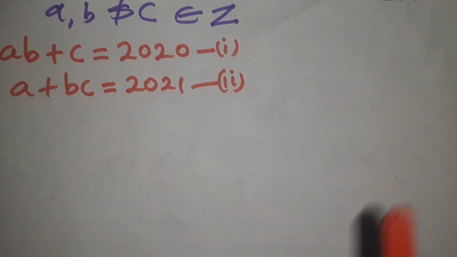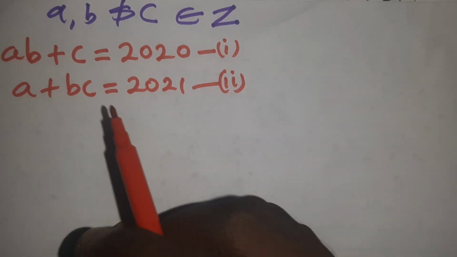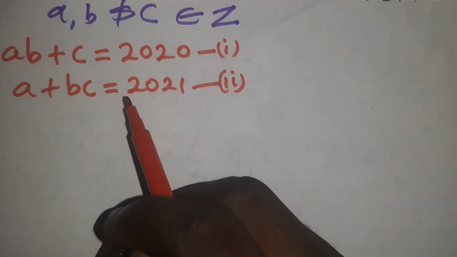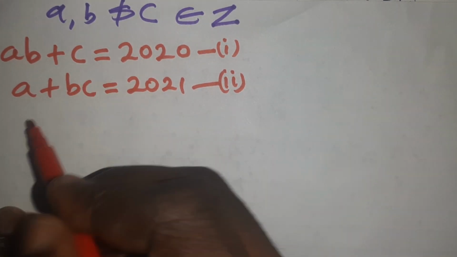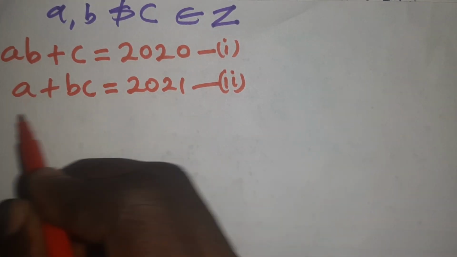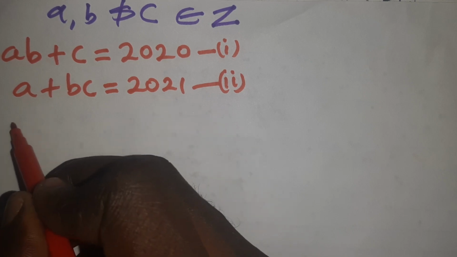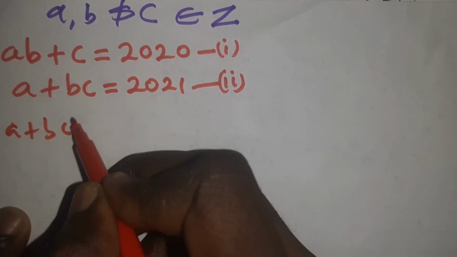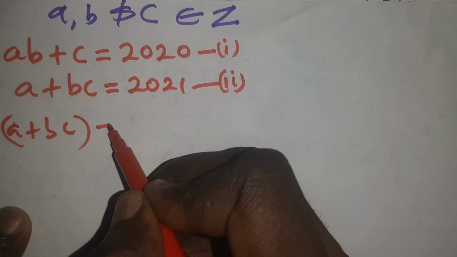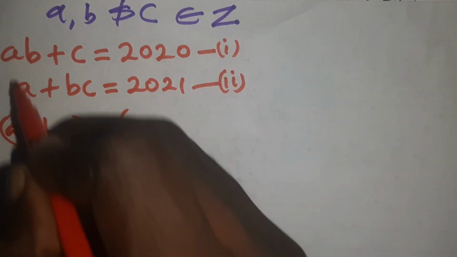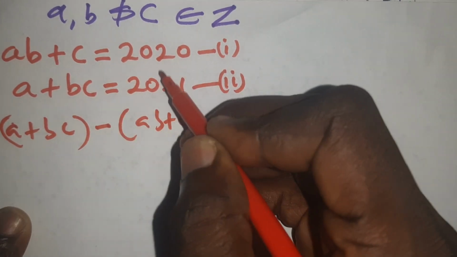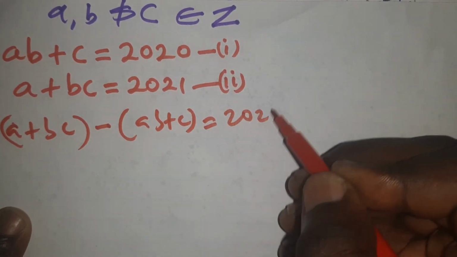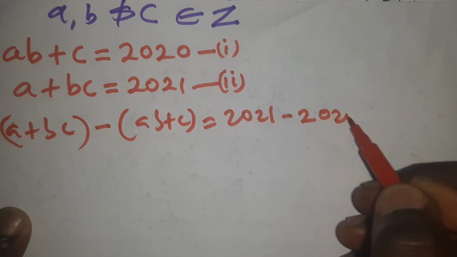So let's solve simultaneously. Looking at the two equations, we could subtract equation 1 from equation 2. So equation 2 minus equation 1 means A plus BC minus (AB plus C) equals 2021 minus 2020.